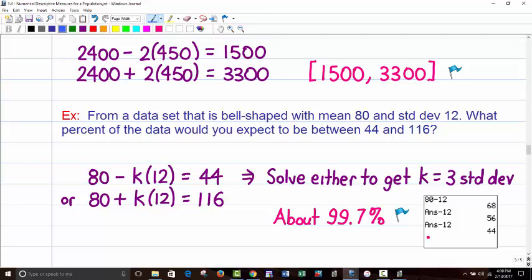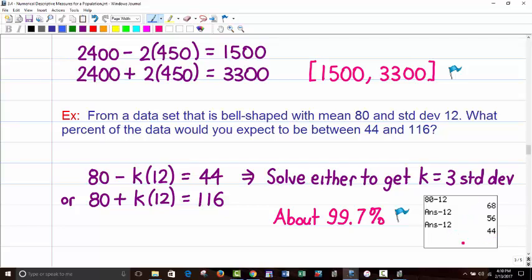Here's one way you can do it if you'd like. You can go from either the low end or the high end. I just chose to subtract. I could have added. I just took 80 and subtracted the standard deviation, 12, however many times it took to get to 44. So 80 minus 12 once didn't do it. Minus 12 again, we got to 56. Minus 12 is 44.